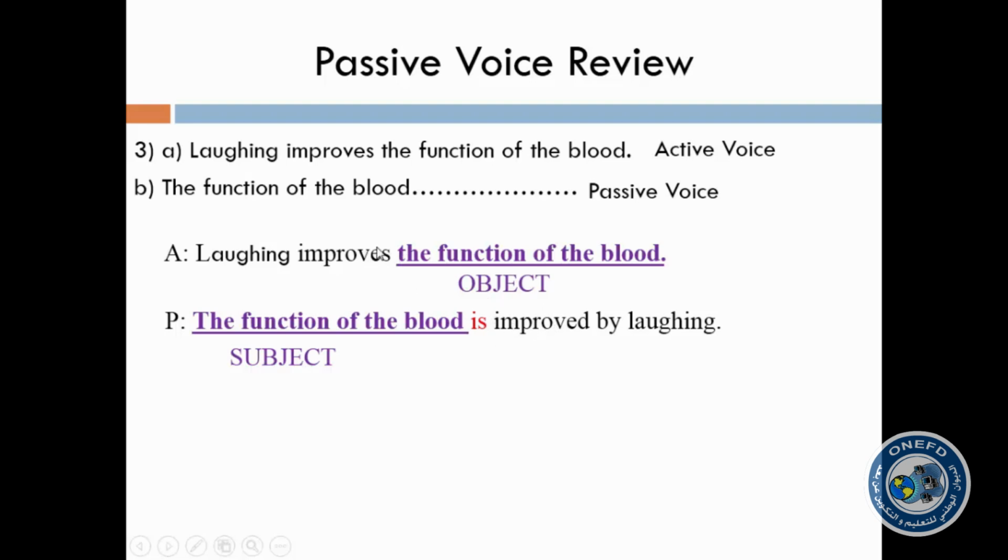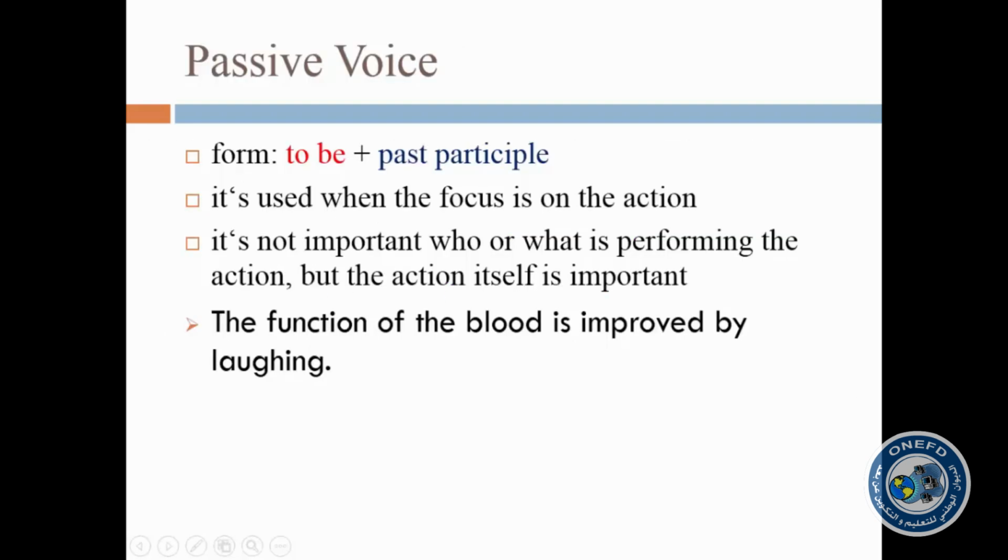Like here, improves is conjugated in the present simple and it is singular, so you conjugate to be in the present simple and give the past participle of the verb to improve. The next slides are just a reminder of the passive voice.